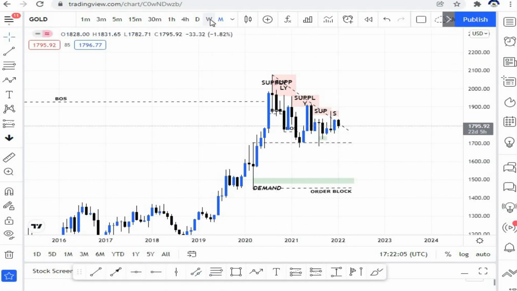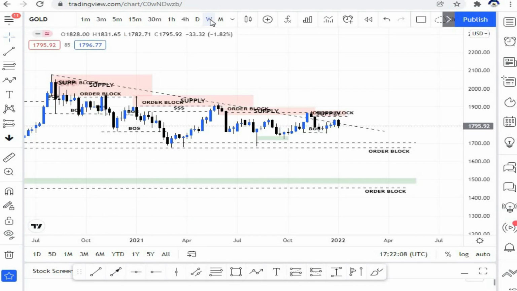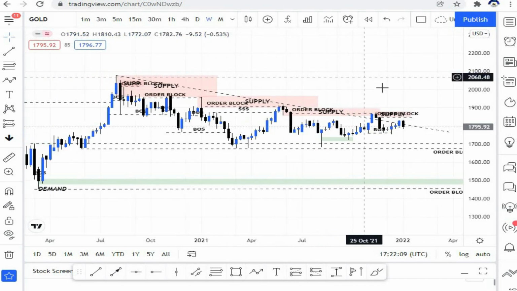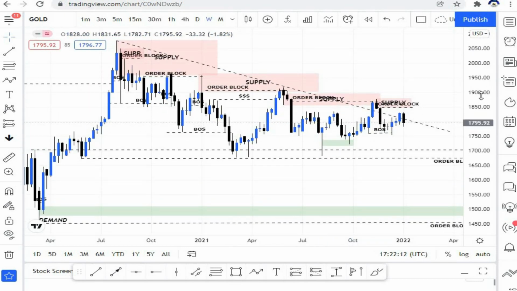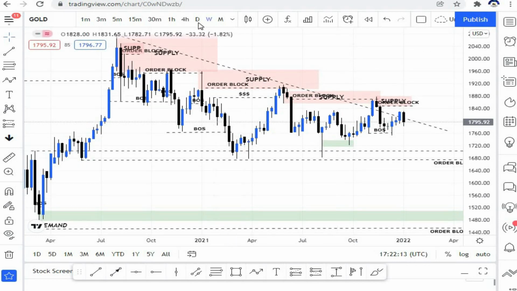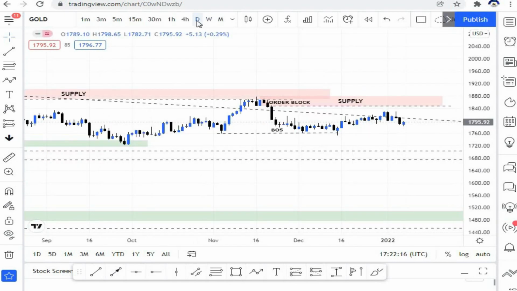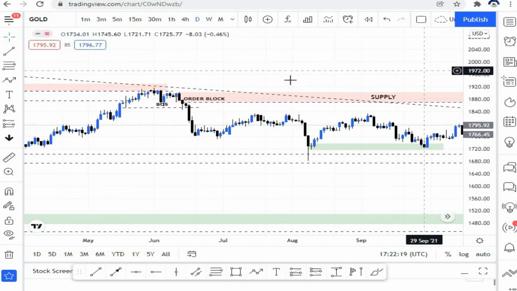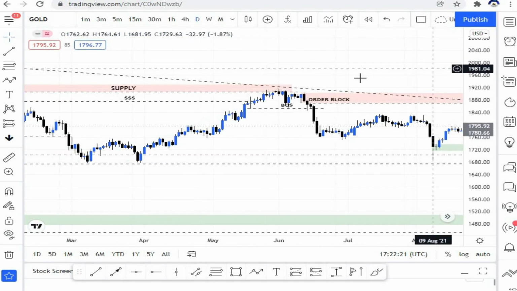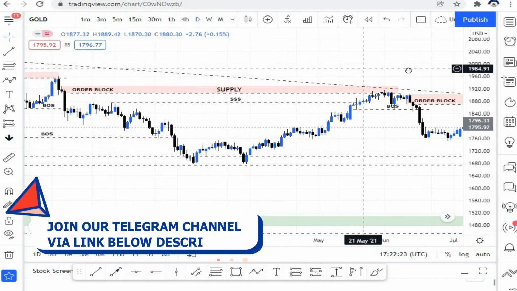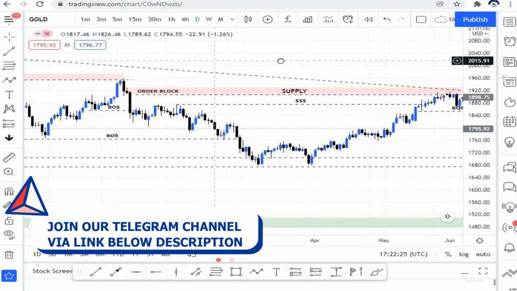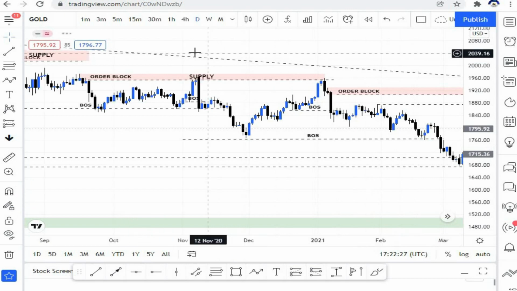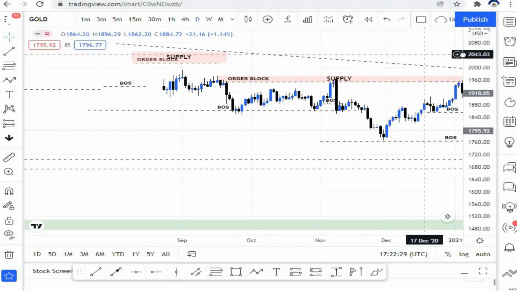So now if we go back to our weekly time frame, as you can see, now we are in our weekly time frame. The first thing which we want to understand, let's go to daily. That's where we can see a clear view. Let me just come back where they have taken out the first structure.